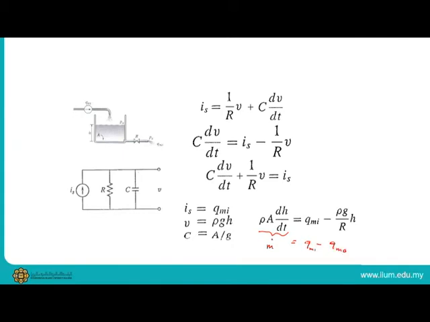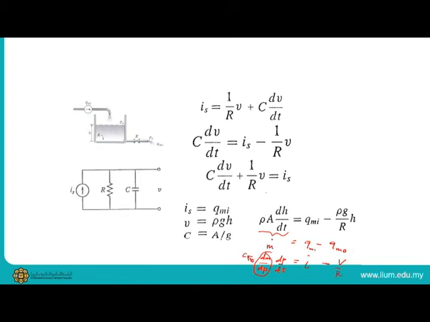The m dot here is equal to dm over dP times dP over dt. dm over dP is the capacitance. dP over dt is the voltage change, so pressure is equal to voltage. Qmi is equal to current I. So rho g h is a voltage V over R.